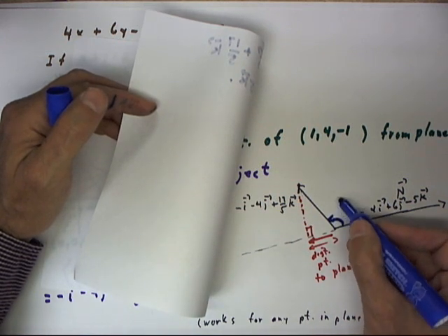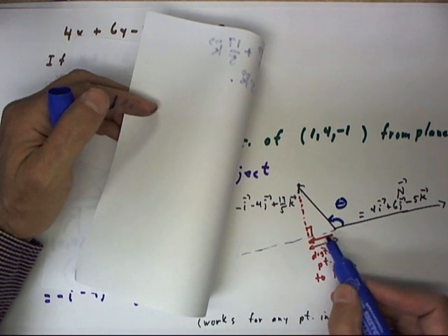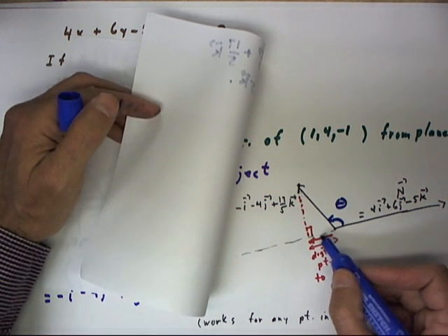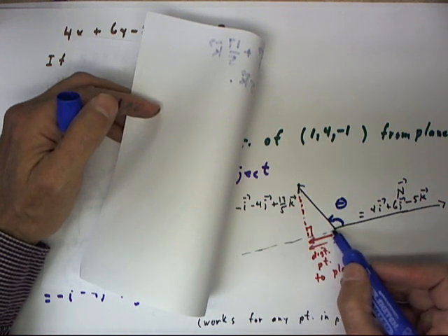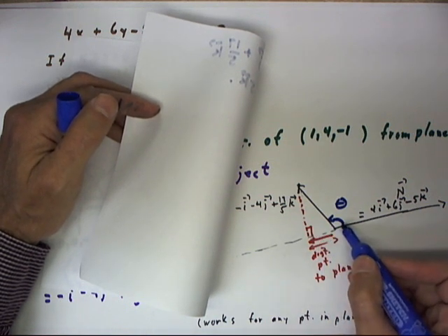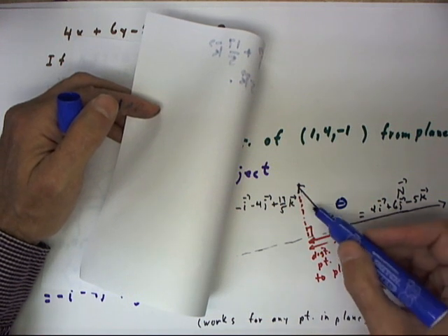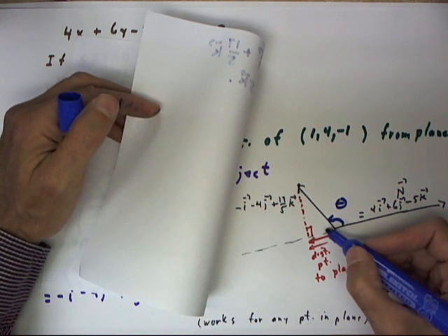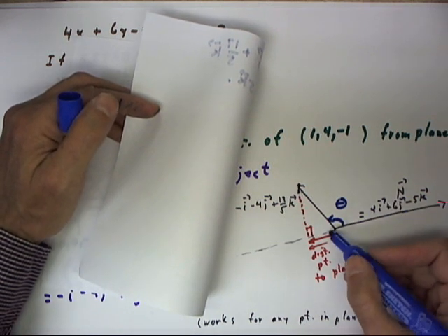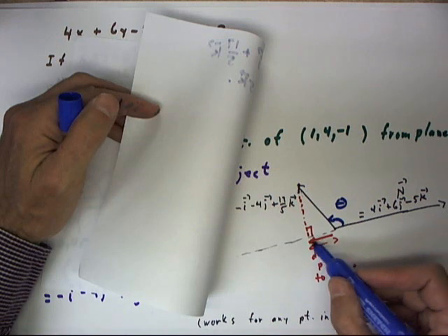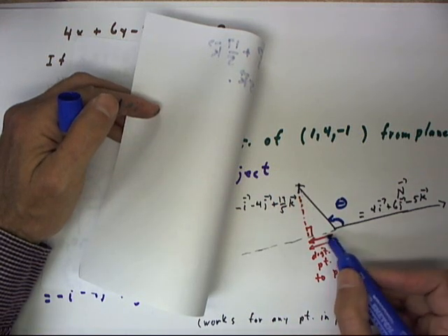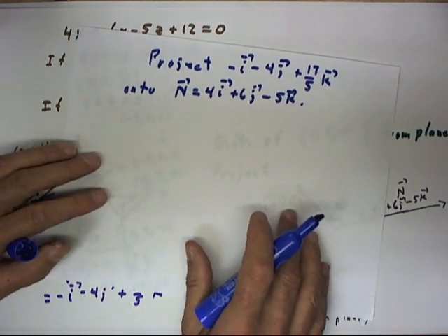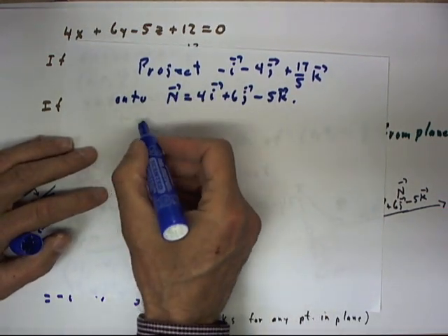If we let this be theta, we can see that this vector here runs along the side of a triangle that's adjacent to theta, and actually it's adjacent to 90 degrees minus theta, but the cosine is the same for both, so that this is going to equal the length of this vector times the cosine, and that's going to be the distance of the point to the plane. Of course, we can always review projections to be sure of that.